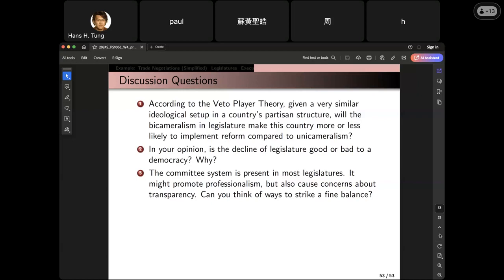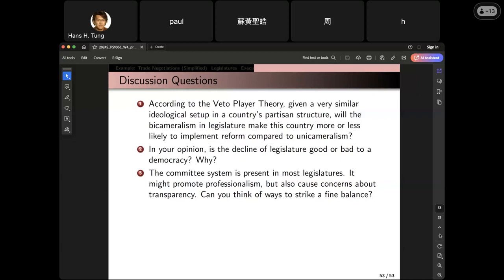But that would be a serious issue for democracy, because democracy counts on their performance to be functioning. And therefore, the decline might not be a good thing. On the other hand, sometimes it's because the legislature might not have enough capacity to do that.